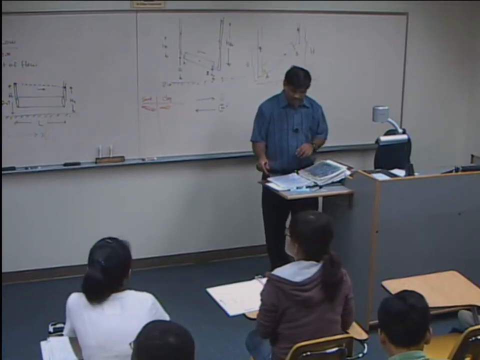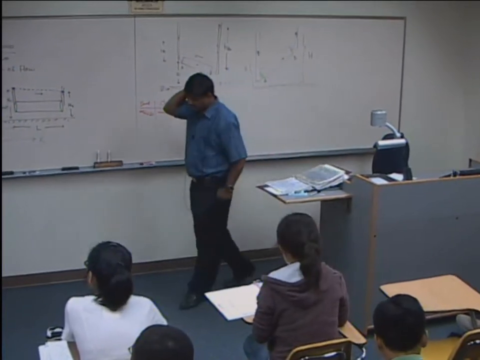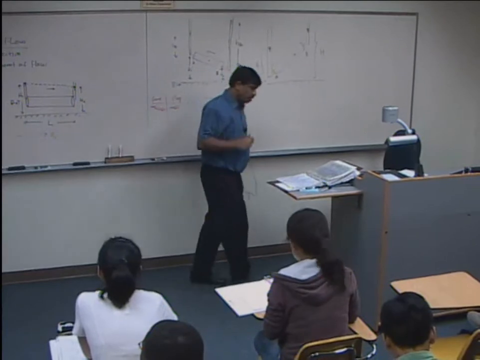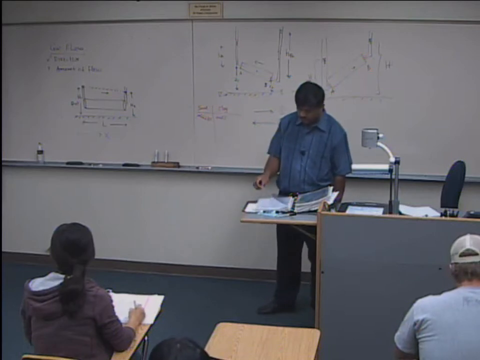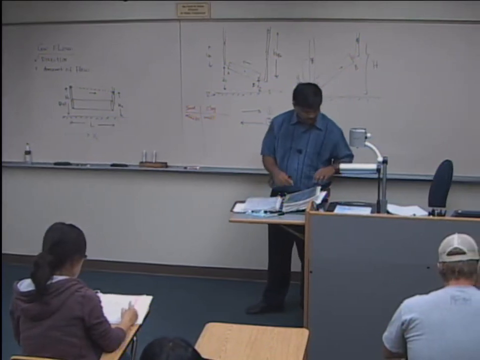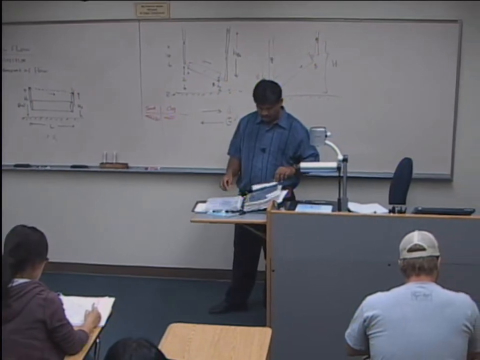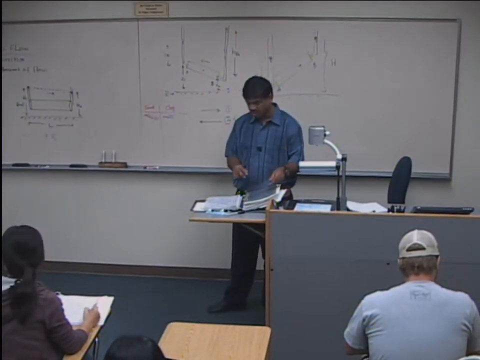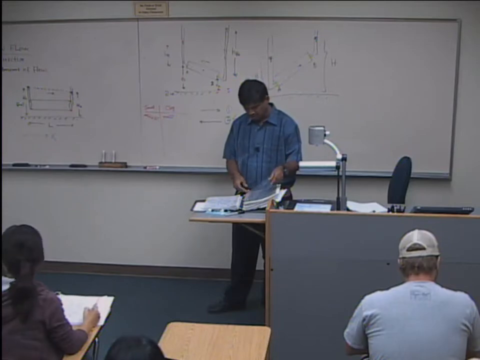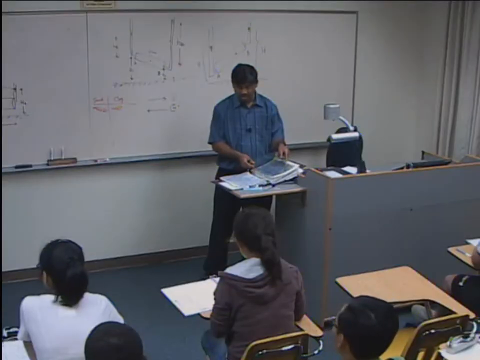Now, after doing that simple experiment, Darcy went on and said, well, the proportionality constant K, does anybody know what it is called? What is K? Has anybody seen it before? Come on, Richard. What is K?